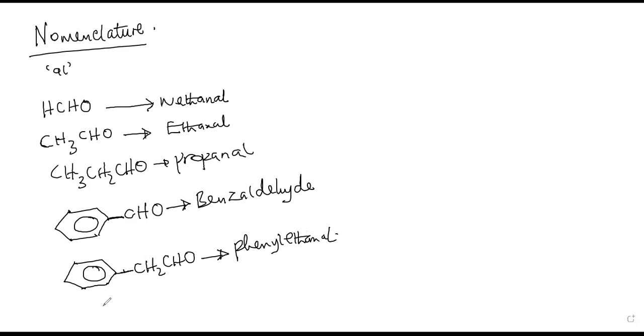Then if you have a case like CH3, CH, then CH3 here, then CHO, you see we have a methyl group on the second carbon, so we say 2-methyl, and the parent chain is propane, so 2-methylpropanal.